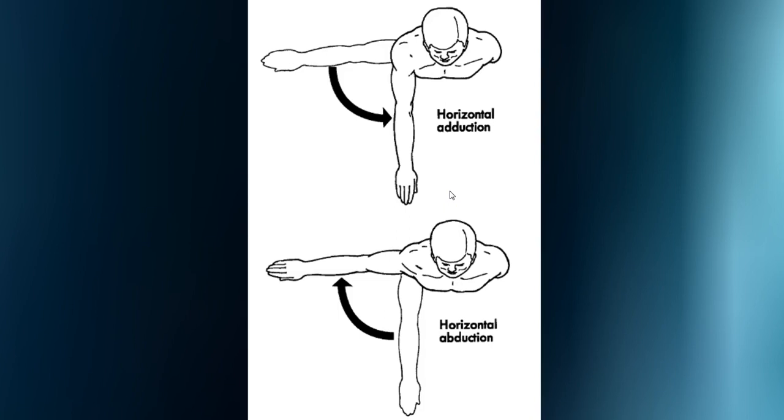So the key exercise that this probably relates to is a chest fly, whether you're in a chest fly machine or lying on a bench and bringing your arms together in a horizontal fashion and away again, and that's of course targeting the pectoralis major, which is a horizontal adductor. Okay, so abduction gives it that nice stretch, and then adduction would be coming back to the midline, working those pecs.